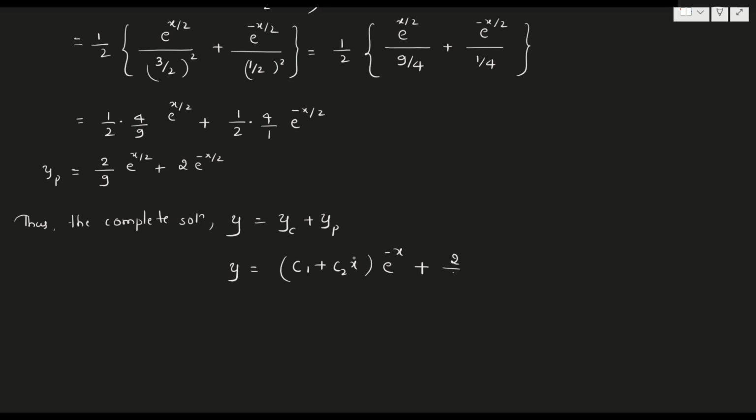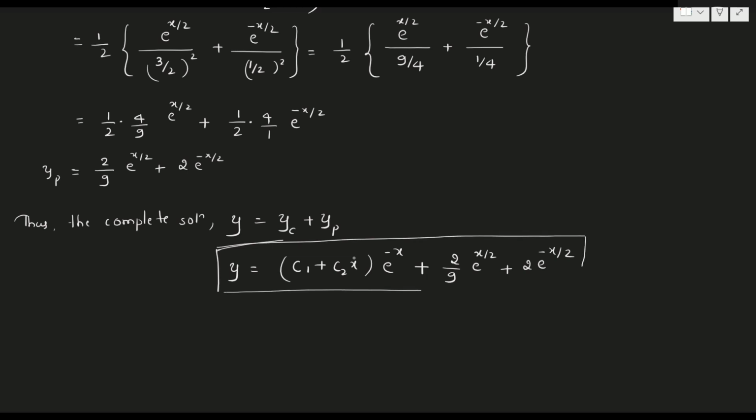Yp is 2 by 9 e raised to x by 2 plus 2 into e raised to minus x by 2. This is the required solution of the given higher order differential equation of type 1. This is how to solve the given differential equation of higher order of type 1.